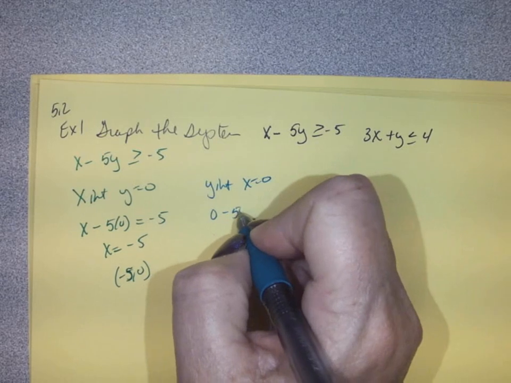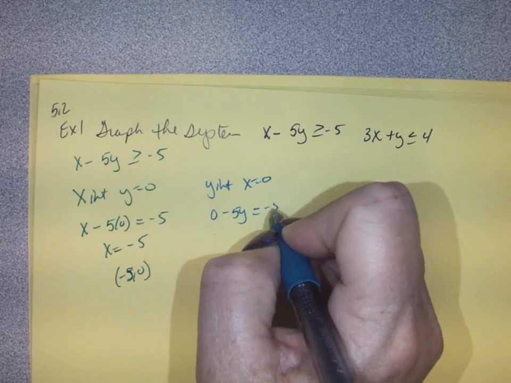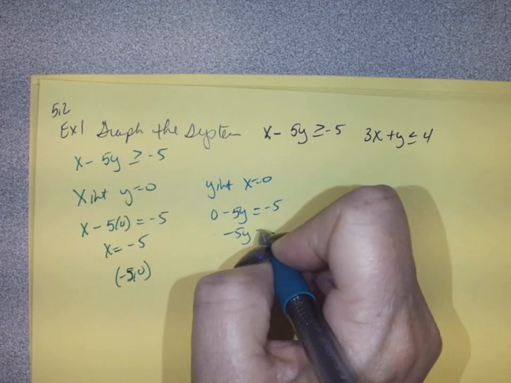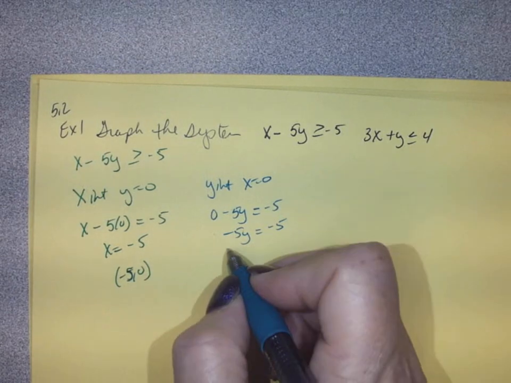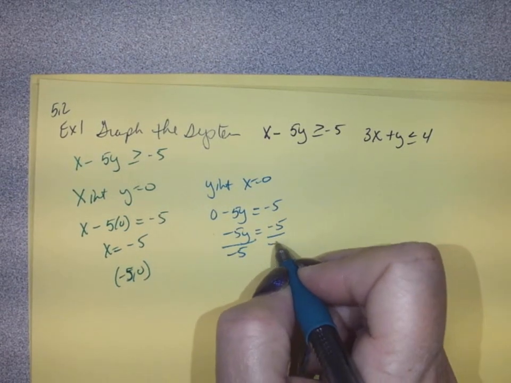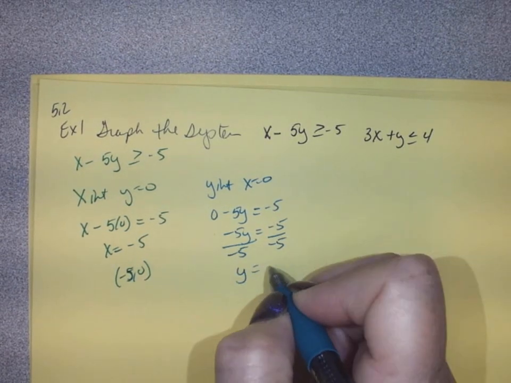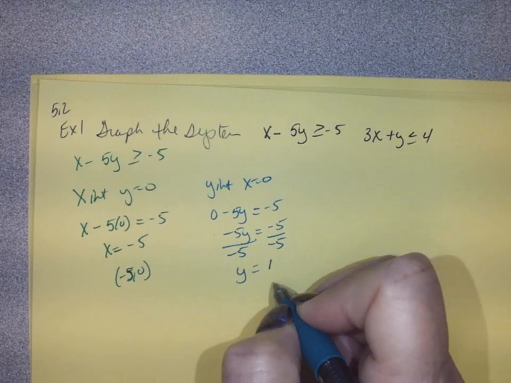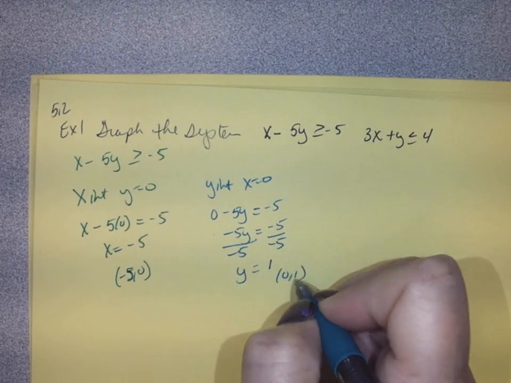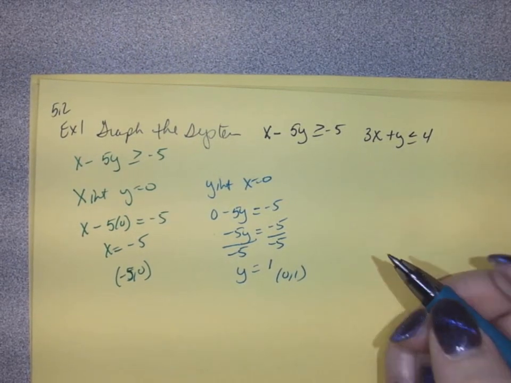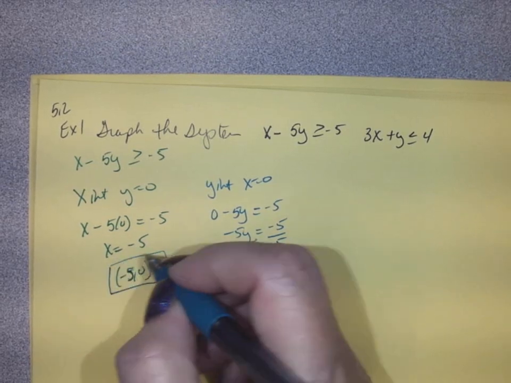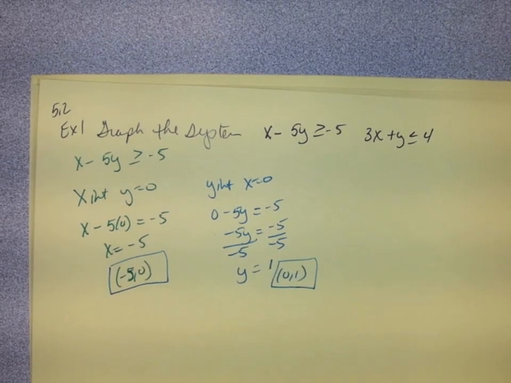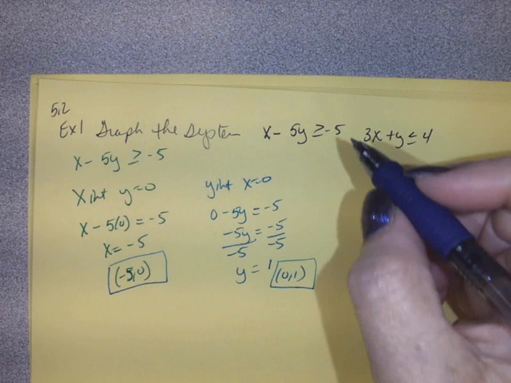So 0 minus 5y equals -5, so -5y equals -5. Divide both sides by -5. y equals 1. So (0, 1) is our y-intercept. So we've got this one, and we've got this one to graph. And then we'll do the test point.